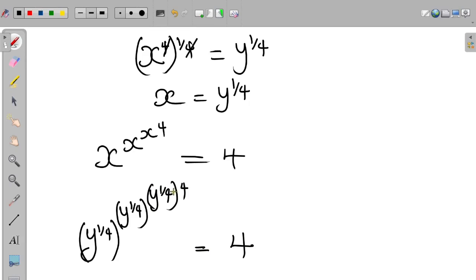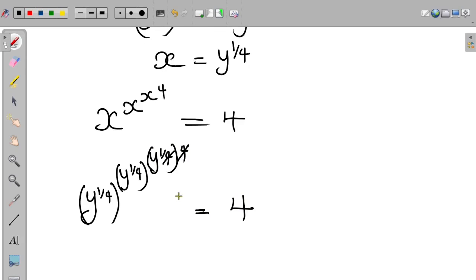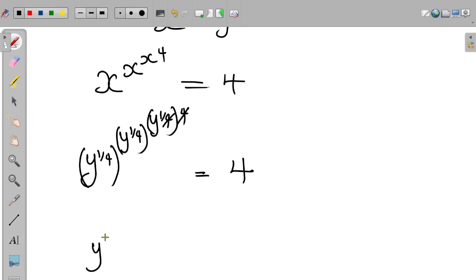So at this point, 4 will cancel out 4. So we have it that y to the power of 1 divided by 4, all raised to the power of y to the power of 1 divided by 4, all raised to the power of y, equal to 4.